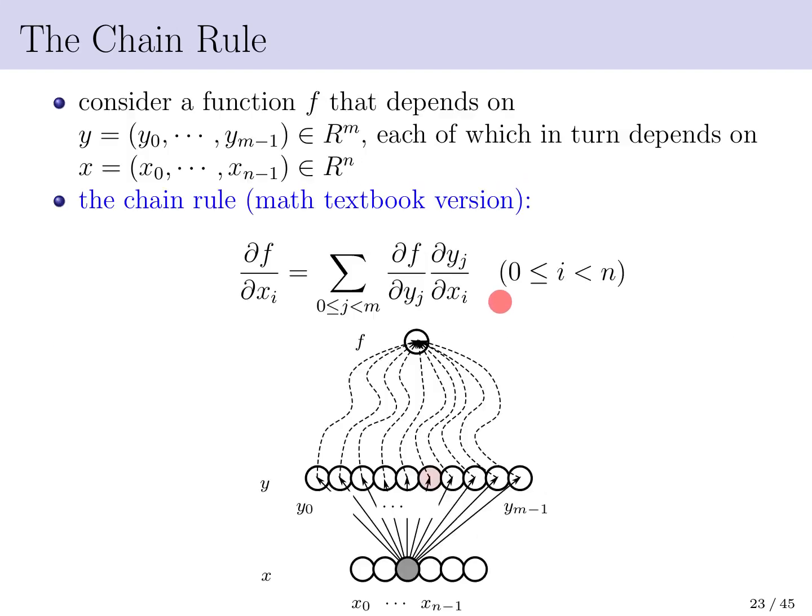If you get back to the exact formula, it is using the index variable i for x and j for y, but in the actual code, i and j may be used for some other purposes, and there may even be cases in which you have multiple indexes for x and multiple indexes for y.